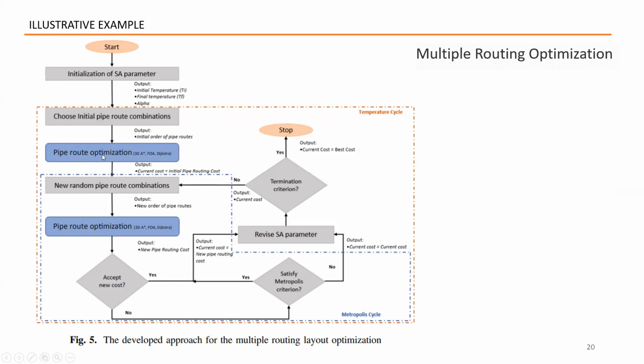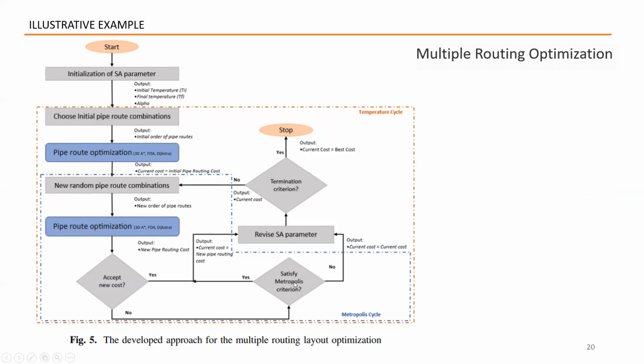Then PEP route optimization using 3D A star, FOA, or Dijkstra. Then a new random PEP route combination, then calculating the cost the same way. Then compare these two and decide whether to accept the new cost.